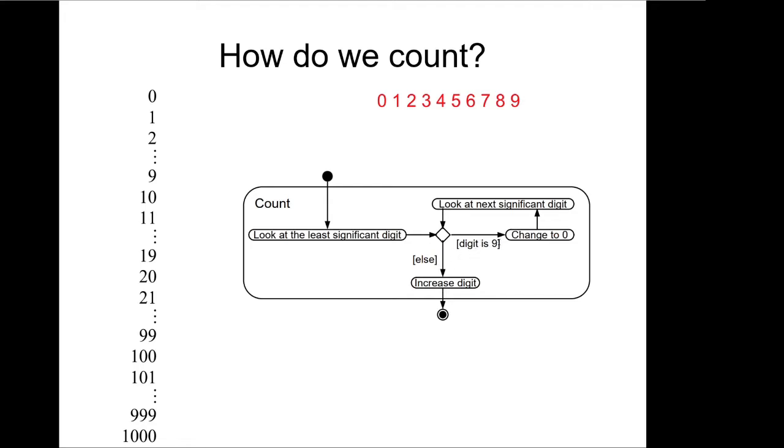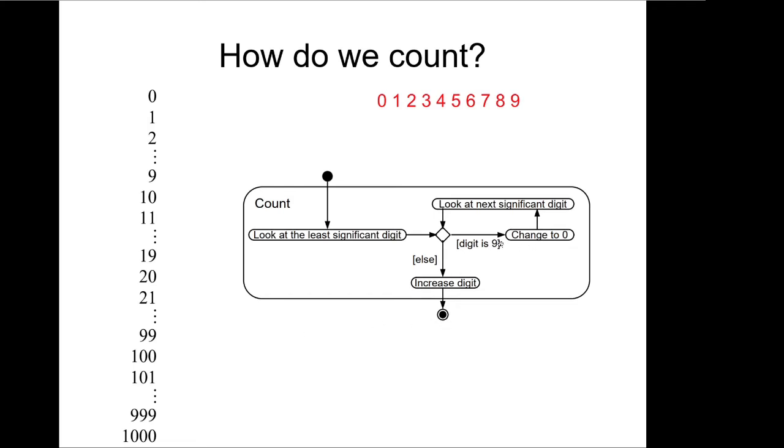If it's a 9, it changes into a 0. And if it's not a 9, we just increase it. So from 0 to 1, 1 to 2, 0 to 1, and so on.